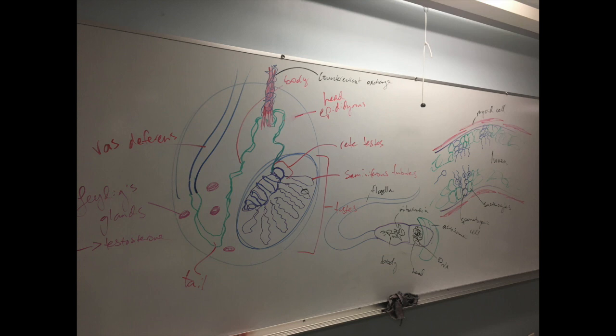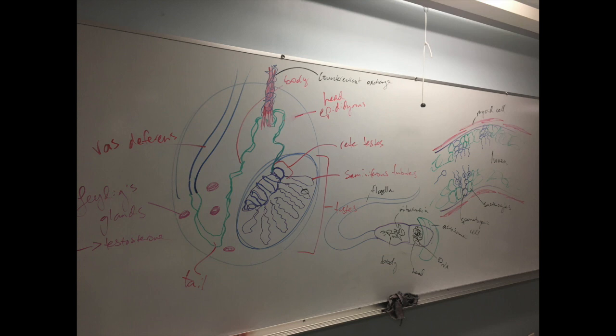These little loops are called the seminiferous tubules, S-E-M-I-N-I-F-E-R-O-U-S, and this is where the sperm are actually produced. I'm just going to give you an overview of the gross anatomy, and then we'll talk about how it all happens.